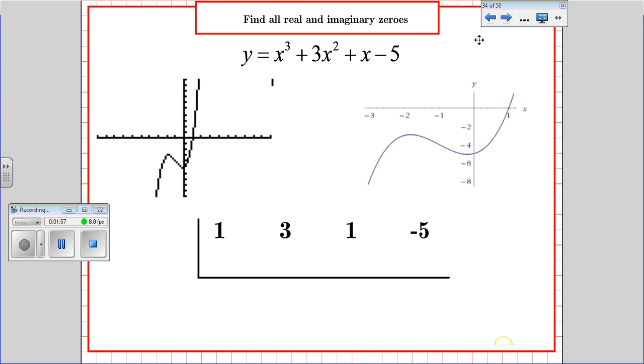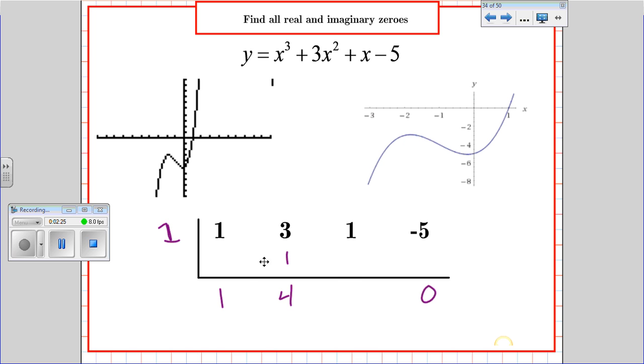So what I've set up is synthetic substitution. I know that if I plug in 1, I should get 0. So let's check that out. Drop down the 1. Remember, I'm always multiplying anything at the bottom by this number at the left, and then placing that in the next column.